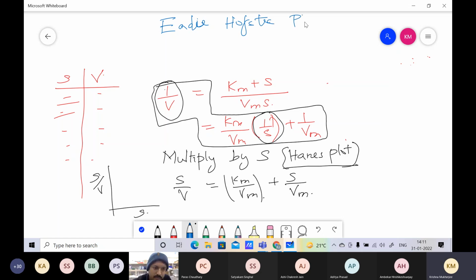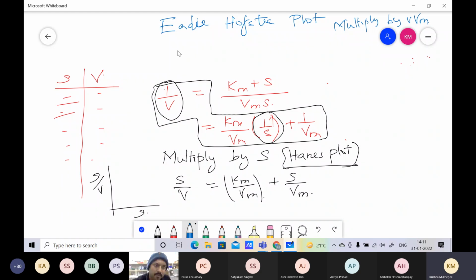Eadie-Hofstee plots, which is essentially I multiply this expression by V Vm. What would you get? You will get V Vm.